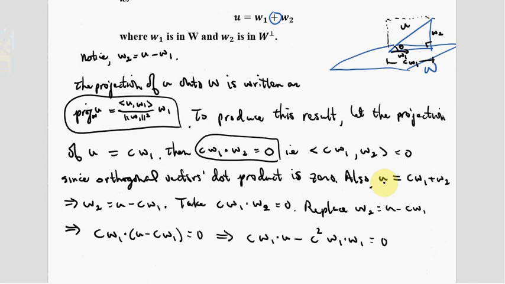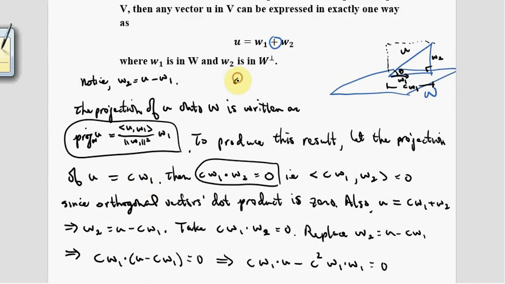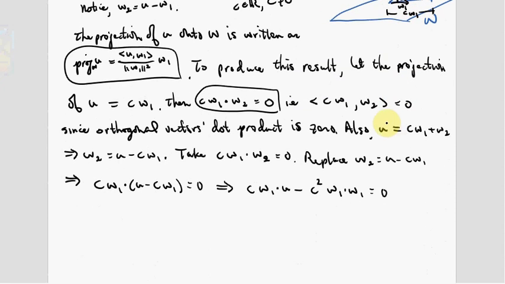Well, it can't be 0, because if W sub 1 is this little vector right there, then C times it extends it. Right? It stretches W sub 1. So C is some number. So I divide through by C, and this implies that I have the dot product of W sub 1 with U minus C, the dot product of W sub 1 with itself is equal to 0.